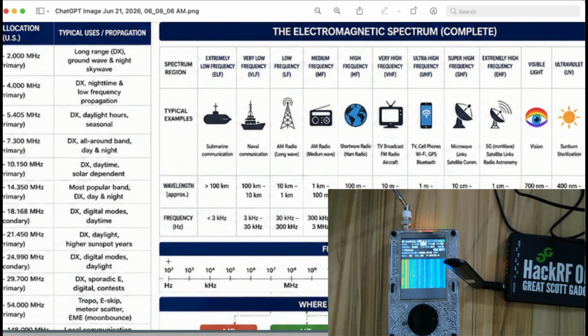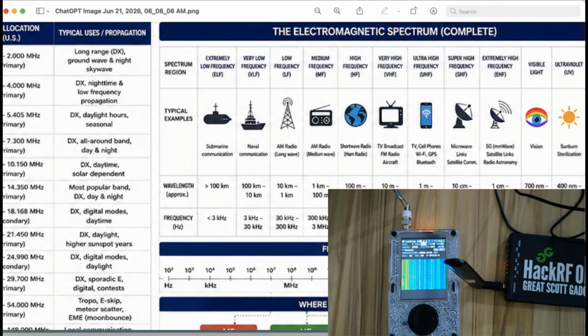So if you're working in a lower frequency band, you're looking at an antenna that is longer, because lambda is inversely proportional to your frequency. The higher the frequency, the smaller the antenna gets. That's why high frequency antennas are generally smaller compared to low frequency antennas, which are much longer in length.